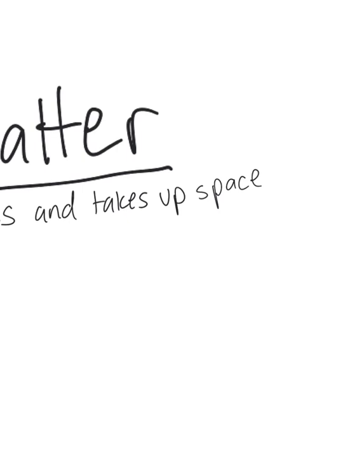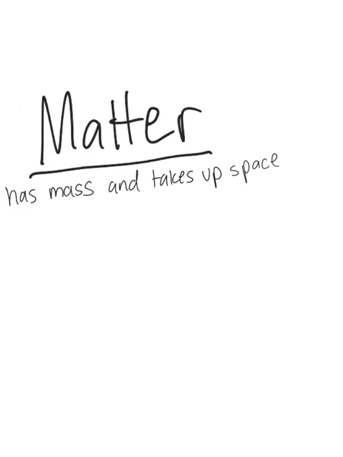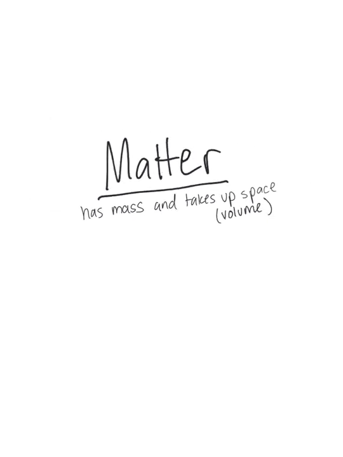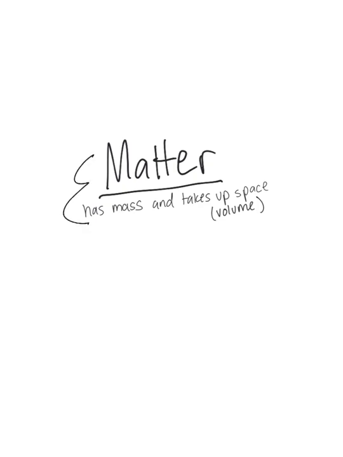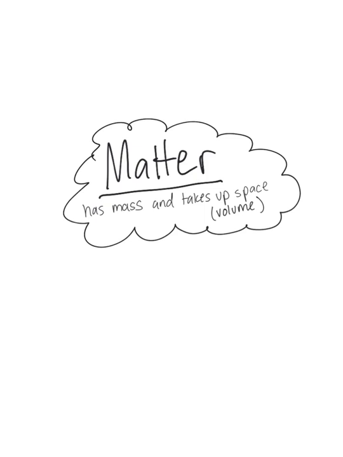And if something takes up space, in chemistry we would call that it has volume. So sometimes you might see the definition of matter as anything that has mass and volume, okay? So this right here is our central idea. In chemistry, that's what we're studying, everything that has mass and volume, takes up space, okay?